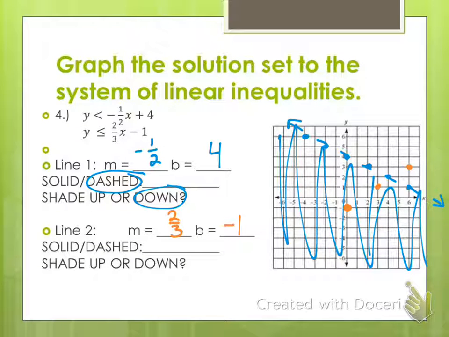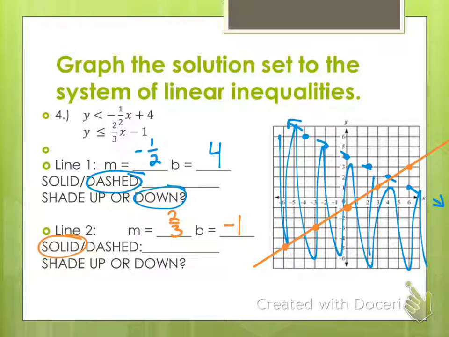Down 2, left 3. Very good. All right, we have to decide if that line is going to be solid or dashed. Adrian, what do you think? Solid. Solid, very good. We've got that equal to bar, so it is solid.